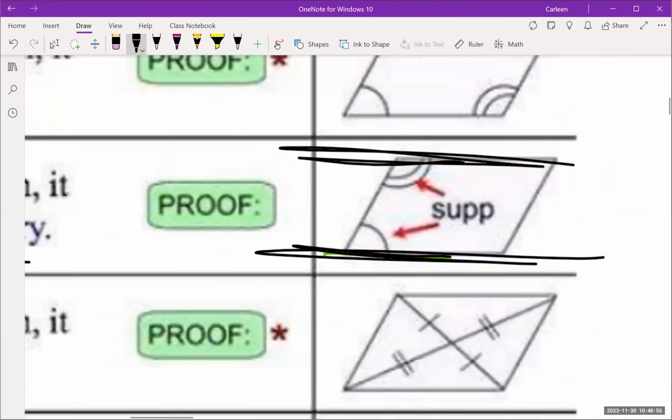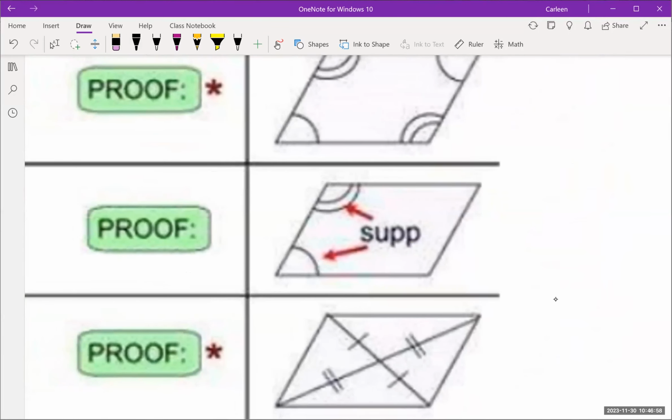Okay, let's clarify the vocabulary. With these shapes, we're going to have two things. We're going to have consecutive. What are consecutive? The next consecutive number after 2 is 3. They are adjacent to each other. If I call this 1, 2, 3, and 4, 1 is consecutive to 2, 2's to 3, 3's to 4, 4's to 1.